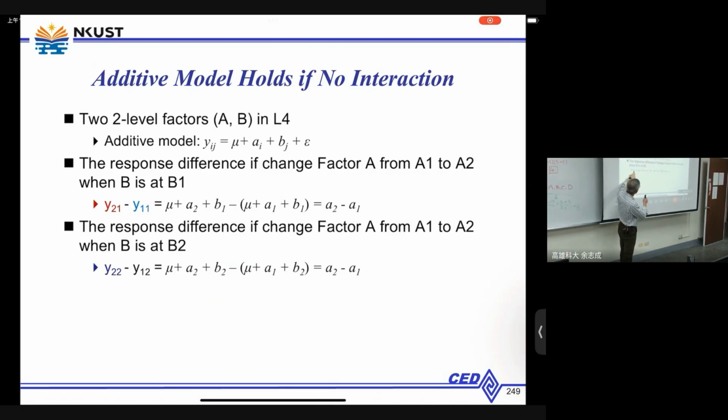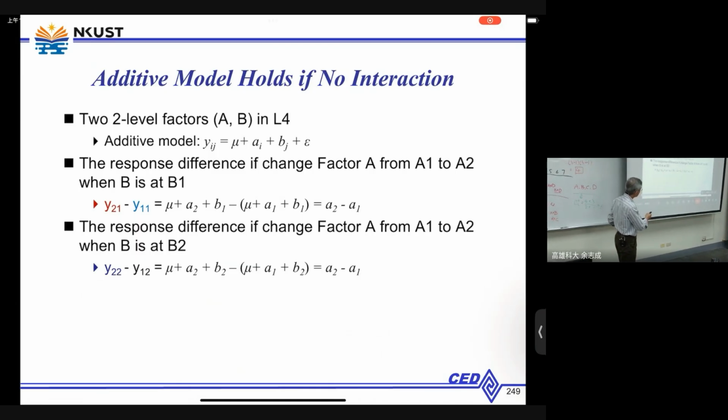And using this model, Y22 substituted into the additive model will be this one. Y12 will be that one. Again, mu cancels out, B2 cancels out. The only difference will be A2 minus A1. Therefore, you can find out if the additive model is accurate, I can use this model to predict the difference. And you can find out the difference in this case will be the same.